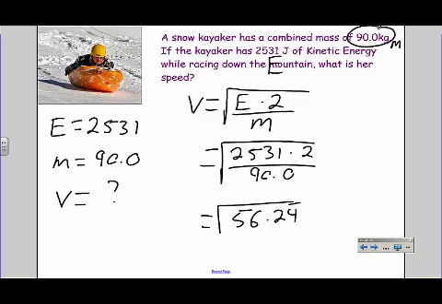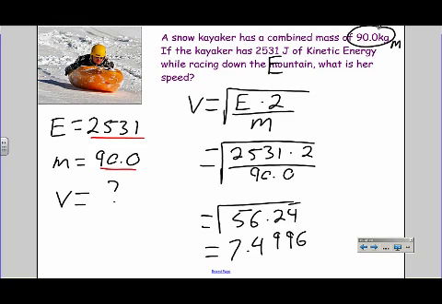Square root of 56.24, and I put a repeat sign on top of the 4 because the number is repeating. I don't want to round it quite yet till we're very done. And our answer that comes out of this is 7.4996. Now, we have 4 significant digits when we're given our energy.